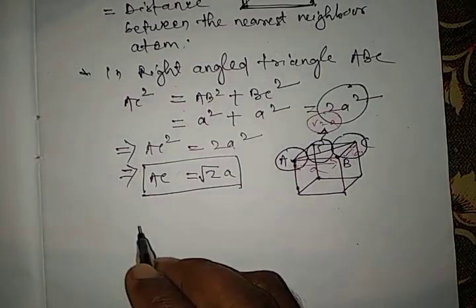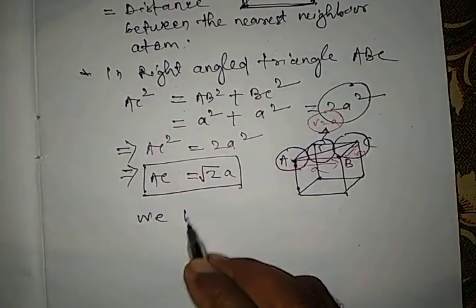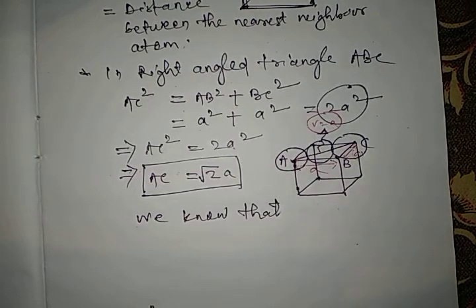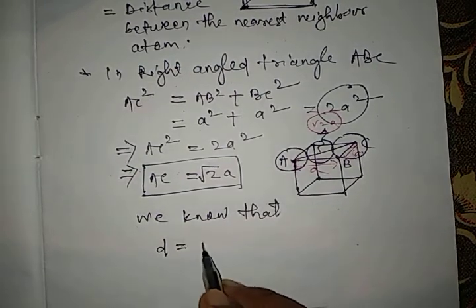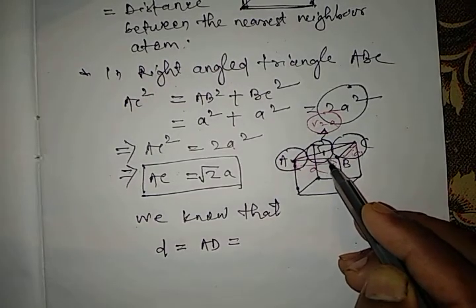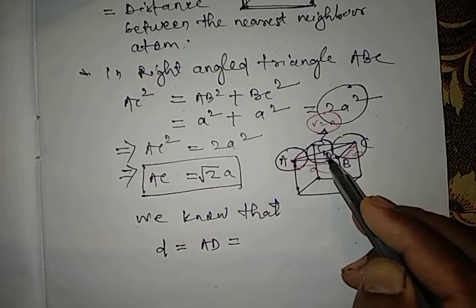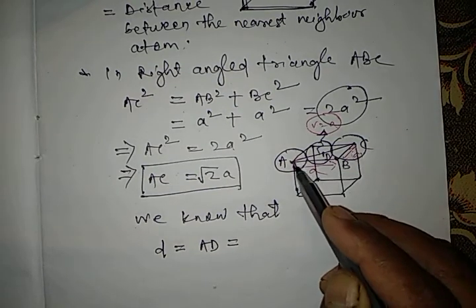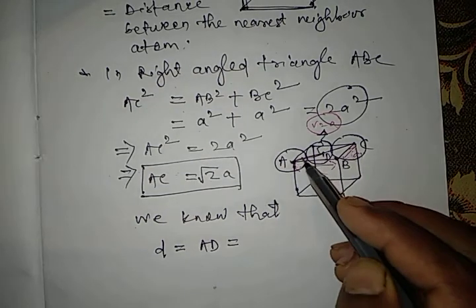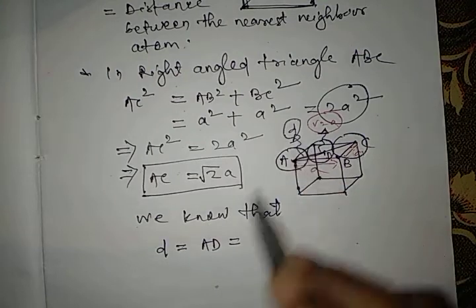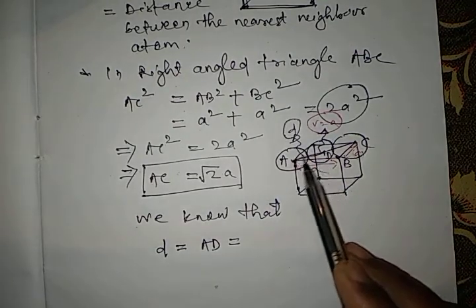So we know that D, let it be the D point. D is the center of AC, so AD equals DC. That means AD is d, the distance between two nearest neighbor atoms.